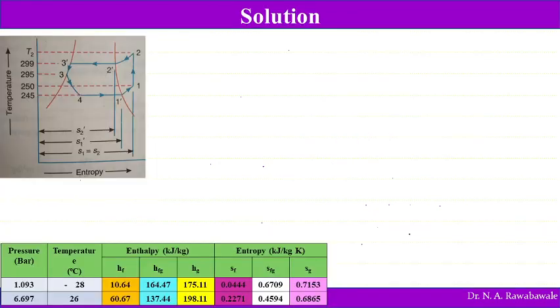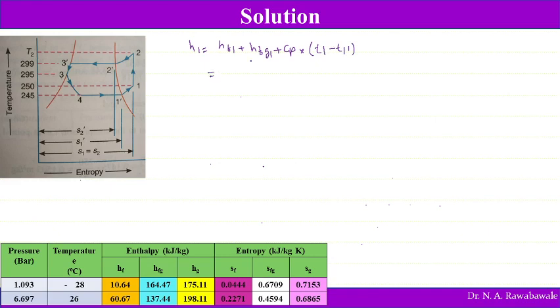To find the enthalpy at point 1, H1 can be given as HF1 plus HFG1 plus CP into (T1 minus T1 dash).